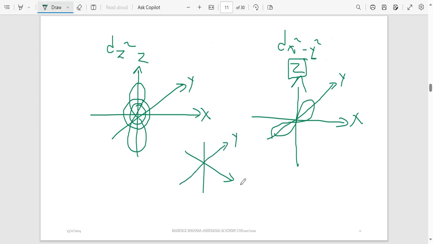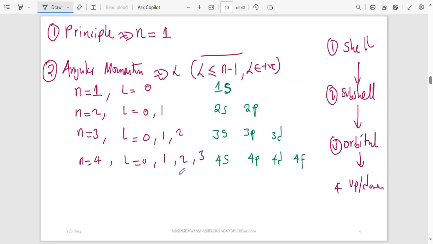We'll write this as y, this as x, and then z on top. So it will be like this, then like that. It's something not to worry very much about, but just have some ideas like that.